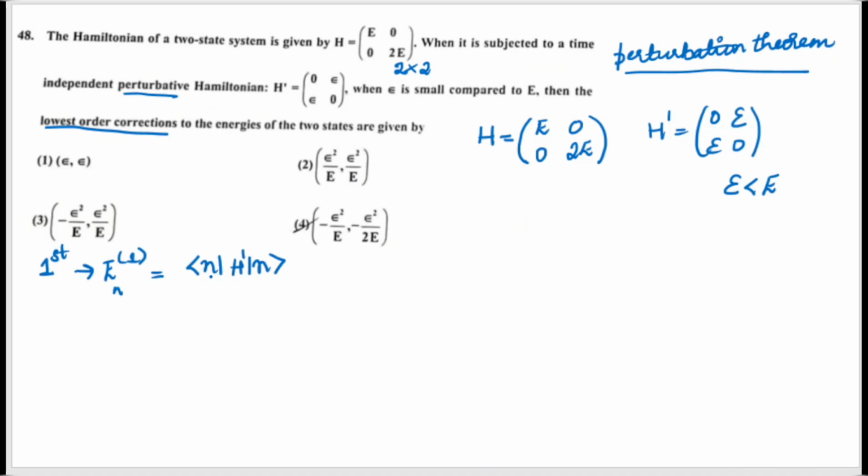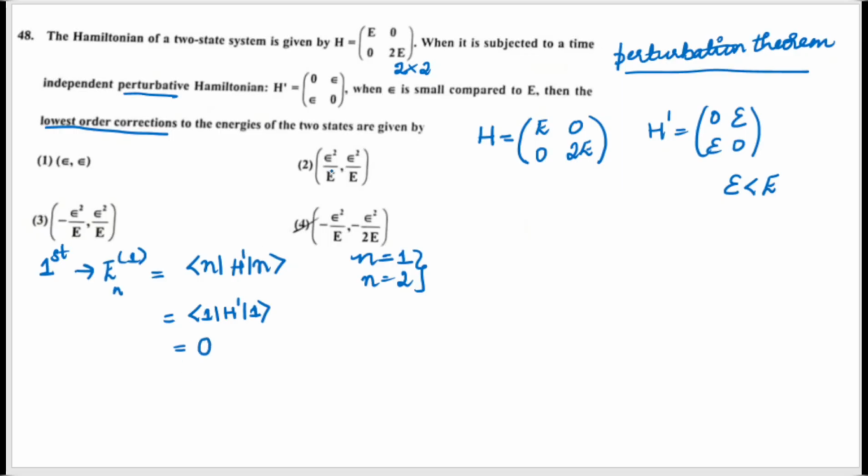Here n can take the values 1 and 2. First, we will substitute n equal to 1, that is bra of 1 into h prime into ket of 1. So on solving this, I get the value to be equal to 0.